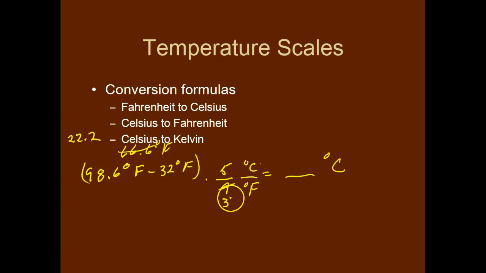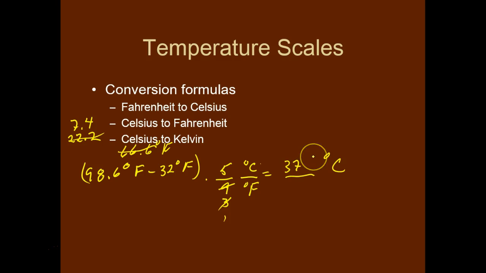But then I see 3 will go into that as well, so that'll be a 1 there, and this would be a 7.4. Then I take 7.4 and multiply it by 5, and I get 37.